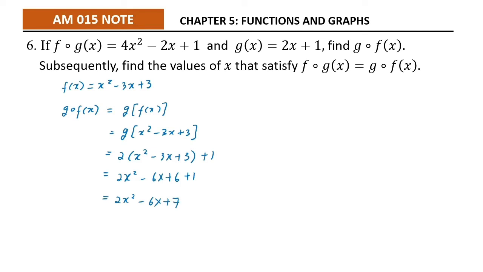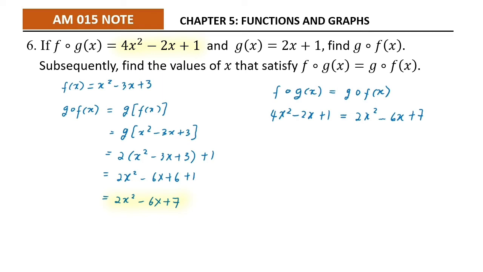And then to find the values of x that satisfy the equation, we have f of g(x) equal to g of f(x). f of g(x) is given as 4x squared minus 2x plus 1, and g of f(x) equal to 2x squared minus 6x plus 7.